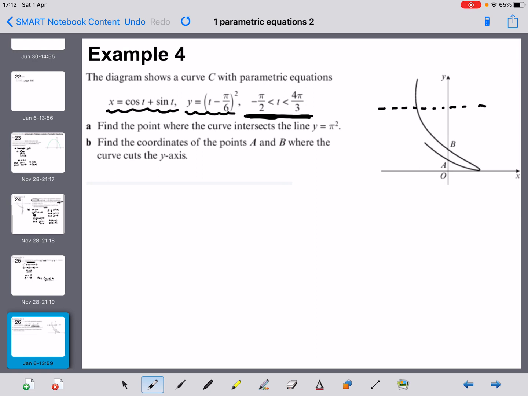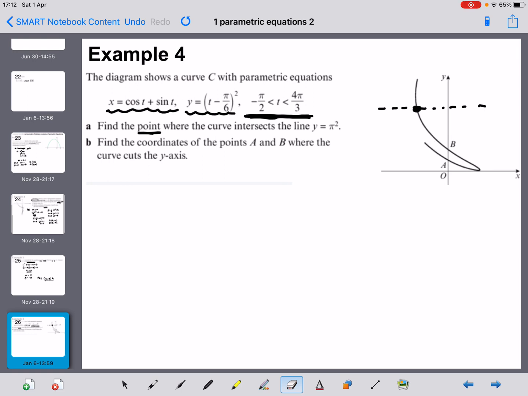Okay, so we're looking for the point of intersection. I'm assuming it's not down here, purely because it says the point of intersection, so I'm assuming it's higher up than the other one.